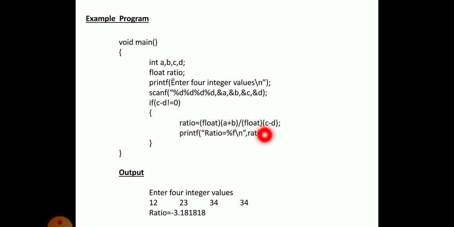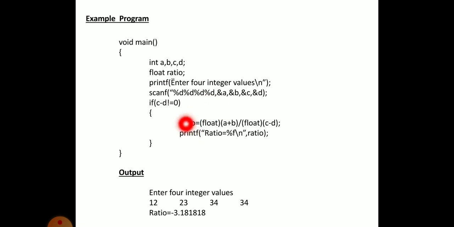Similarly, here C minus D is also an integer value. We have to convert the C minus D integer value into a float value. So, here we make use of the typecast operator float to convert C minus D into a float type. So, after evaluating A plus B and C minus D and converting them to a float data type, the result is assigned to the variable ratio.